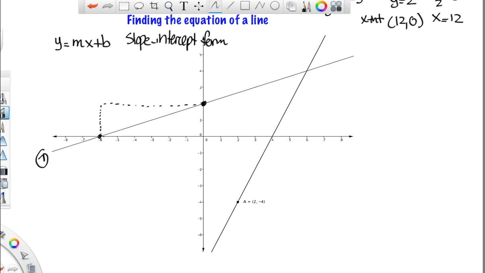Well, from here I need to go up 2, and from negative 6 it's 1, 2, 3, 4, 5, 6 steps over. So the rate of change is the slope. It's up 2 over 6, so that's 1/3.